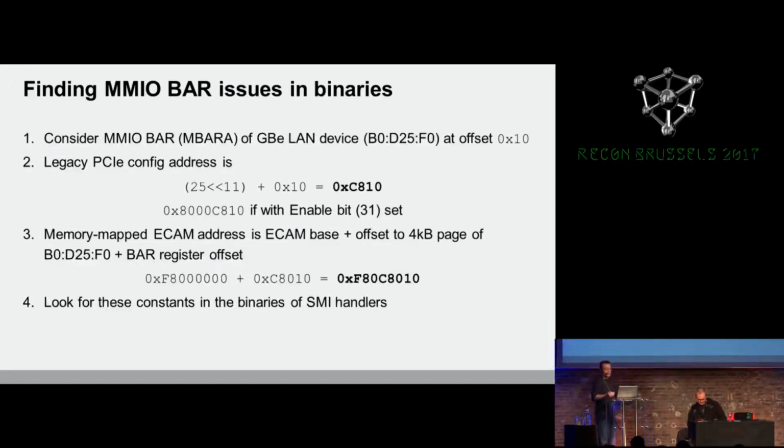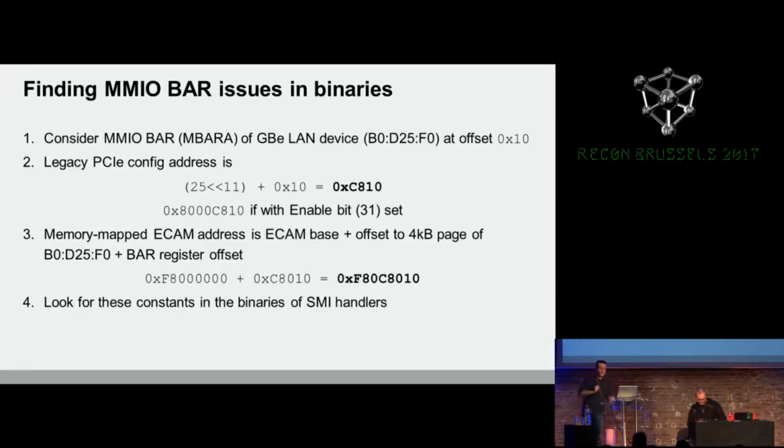You calculate the offset to that register pretty similarly, but remember that this mechanism allows you to access all 4 kilobytes of the PCIe header registers rather than 256 bytes. That's why you have C8 0 10 instead of C8 10 as in the previous case. So you have a constant, the total physical address in memory for that particular BAR.